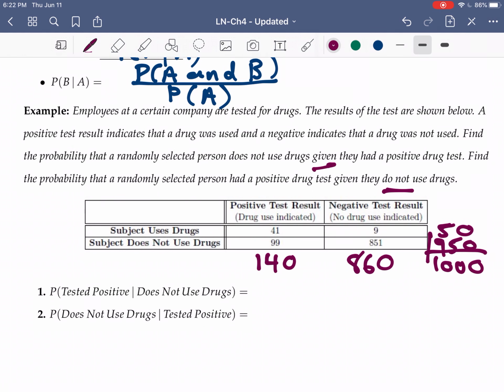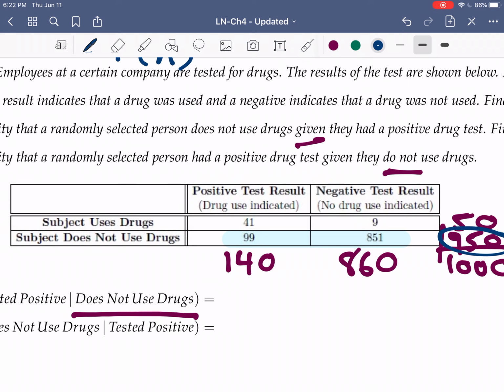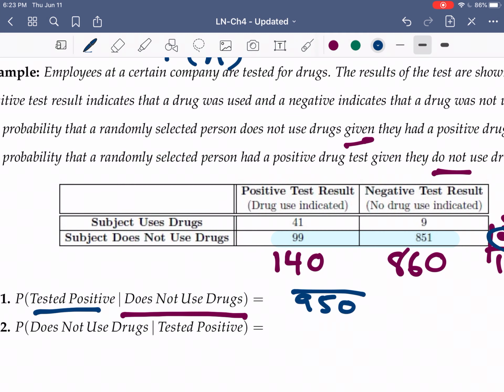So our first value is, what is the probability a person tested positive given they do not use drugs? If we are given that they do not use drugs, that means that we are restricting our attention to those people right there. There are a total of 950 people in this company that do not use drugs. From those 950 people, we want to know the probability they tested positive.